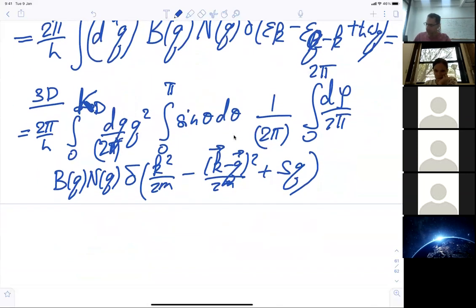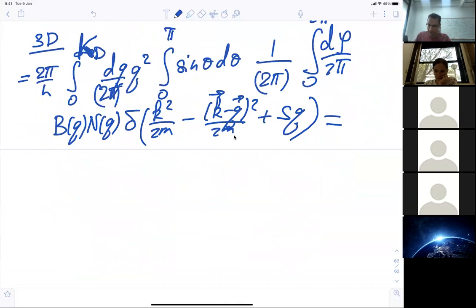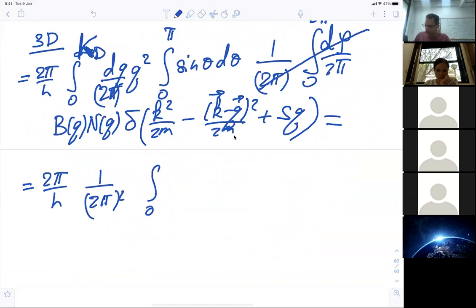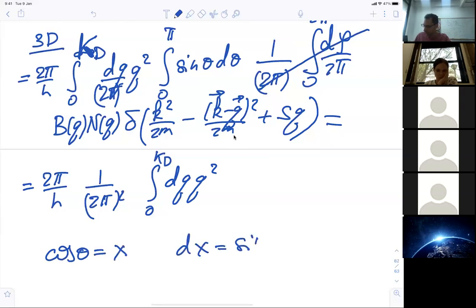Now I can write this as 2 pi over h bar, 1 over 2 pi squared, because the phi integral cancels, integral from 0 to kD, that's the maximal bosonic momentum, of dq times q squared. Now I can call cosine theta x, therefore dx is sine theta d theta with a minus sign.